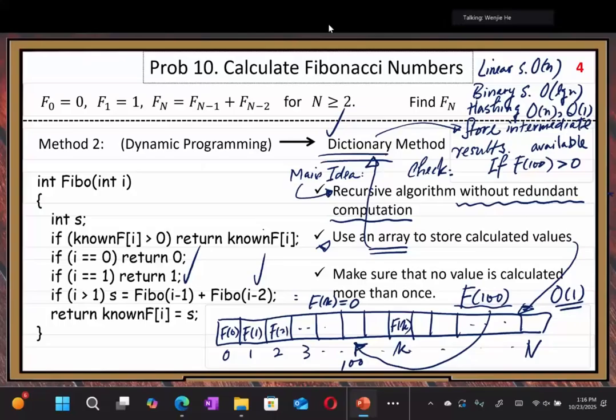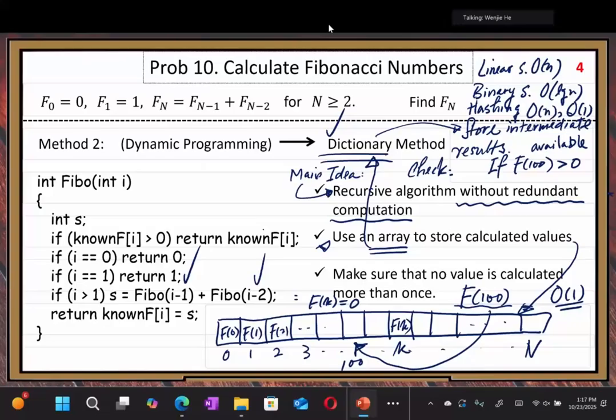You just treat these 2 numbers as available and add them up, because the dictionary will help us retrieve the values of those 2 numbers. The dictionary will take care of that part. Simple, right?